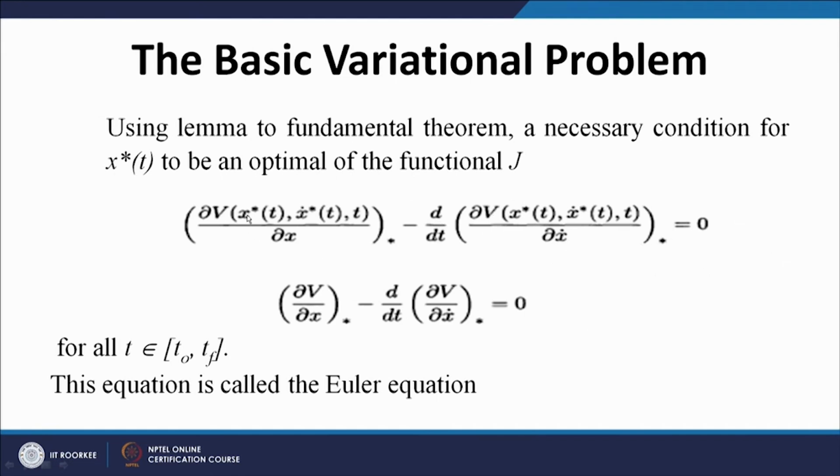In simple form, we can directly write del V by del x at the optimal point minus d by dt del V by del x dot at the optimal point must be equal to 0 for the complete interval from T0 to Tf, and this is called my Euler equation.